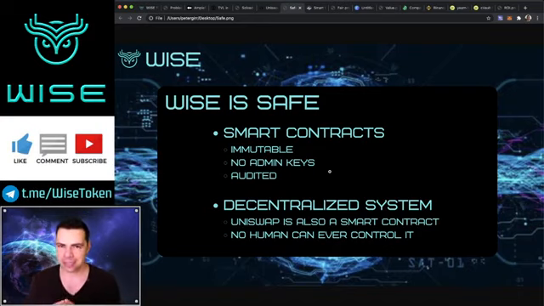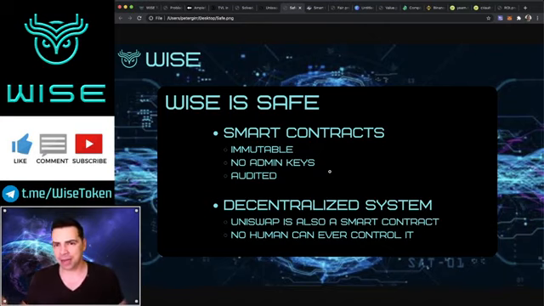So it's a decentralized system, and not only is the code part decentralized, but sometimes other projects can get you. The way they get you is they say all these things that I just said, immutable, burn the keys, and so on, but they control the supply. So it's one thing to say, okay, we can't change the contract, we can't change the way it works, but we already hold a lion's share of the actual supply of the token in the first place.